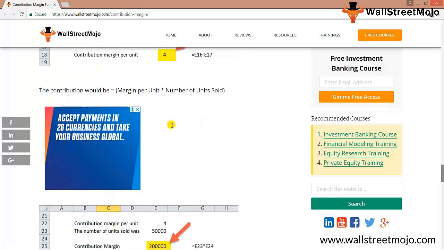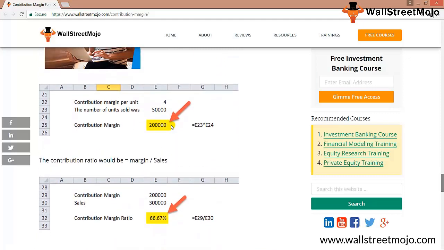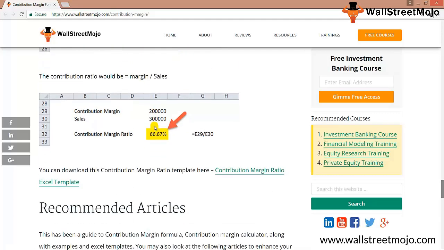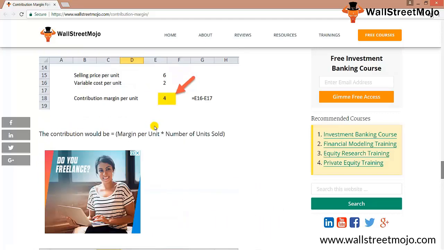The contribution margin will be the margin per unit into the number of units sold, so 4 into 50,000, that is 2 lakh. The contribution ratio is equal to margin divided by sales, that is 66.67%.